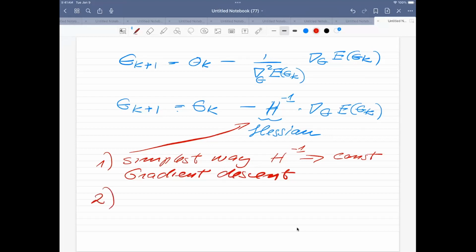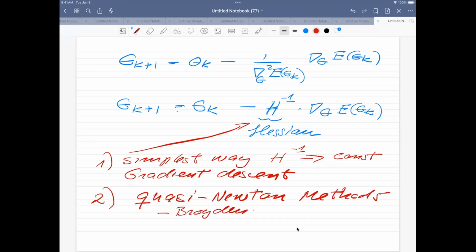But then, since we don't have that many parameters, we have something called quasi-Newton methods. There is a whole jungle of such methods. We have Broyden's method, which is actually a modification of the second method.